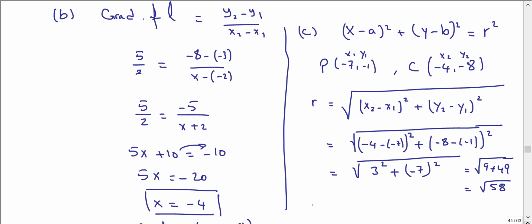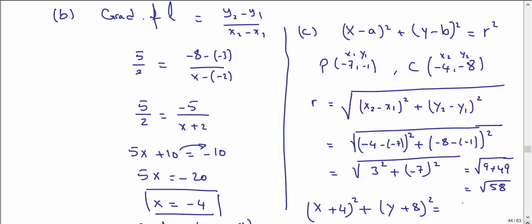So the equation of the circle would be x minus a. This is the center, so a here will be negative 4. So this is x plus 4 all power 2 plus y plus 8 all power 2 equal this value squared.